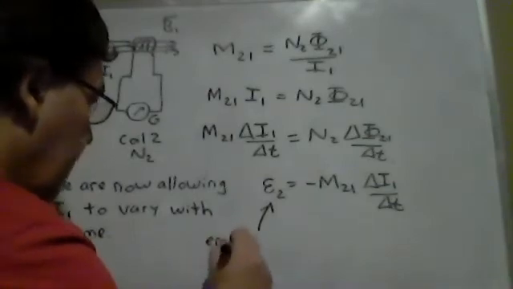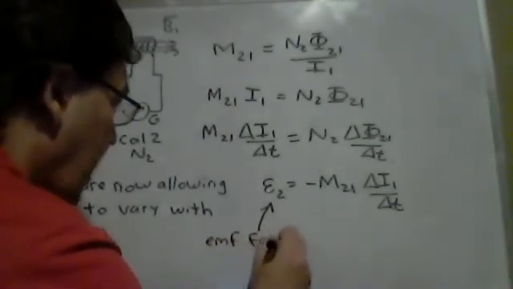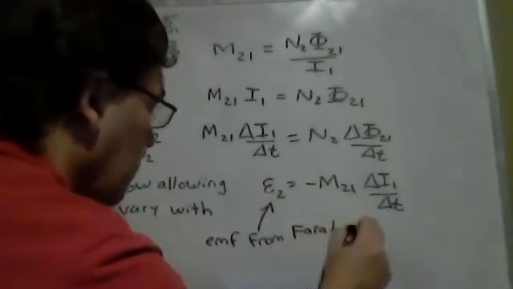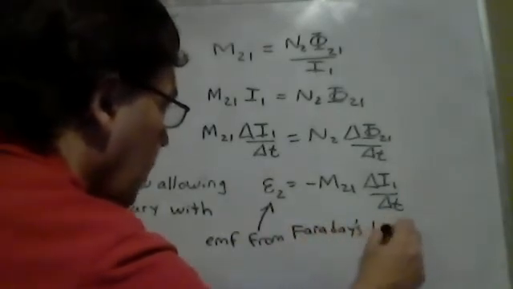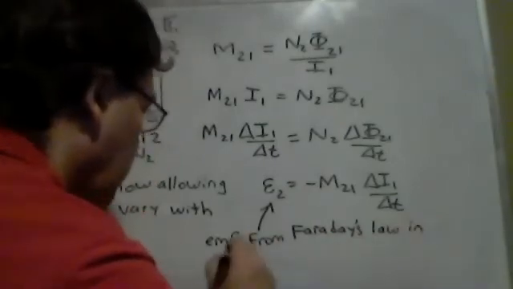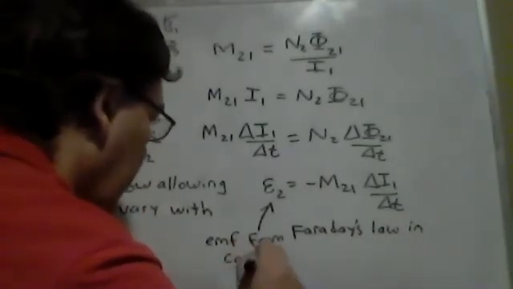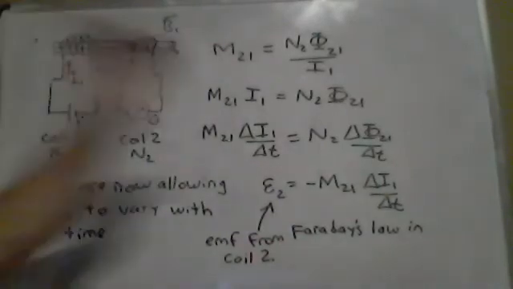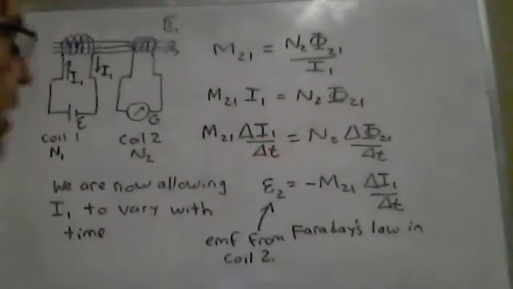This is the EMF from Faraday's law in coil 2. Again, Faraday's law, you see this form in the right-hand side.